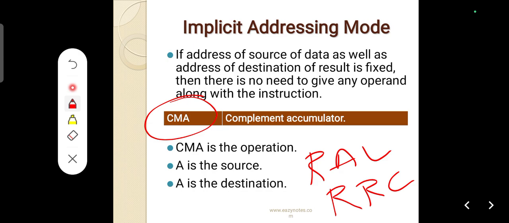Fine. There are n numbers of different examples which can be put under the category of implicit mode of addressing, like HLT, halt. Is it clear? You can think of some other examples as well, like set carry and reset carry. These are the instructions which again fall under the category of implicit mode of addressing.